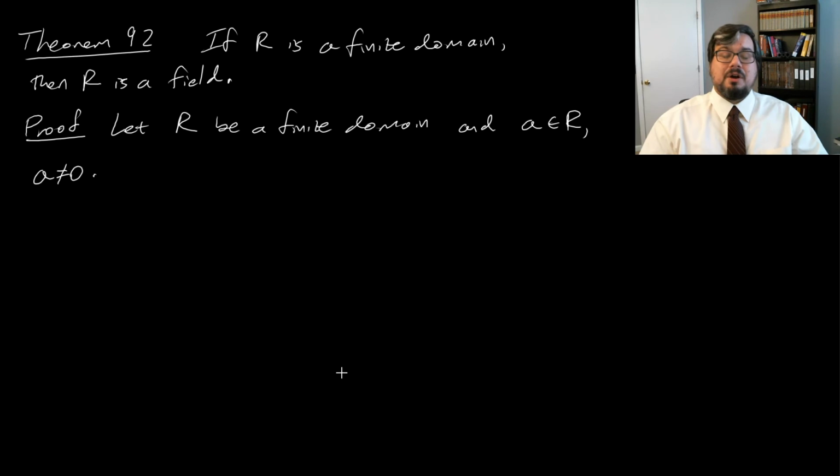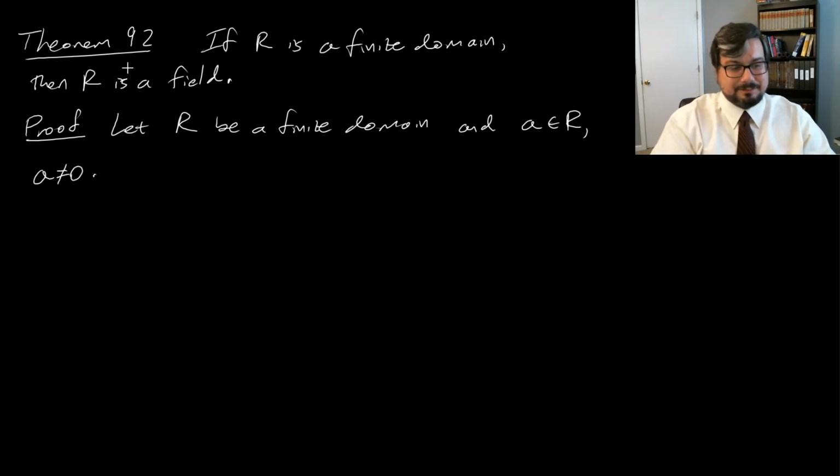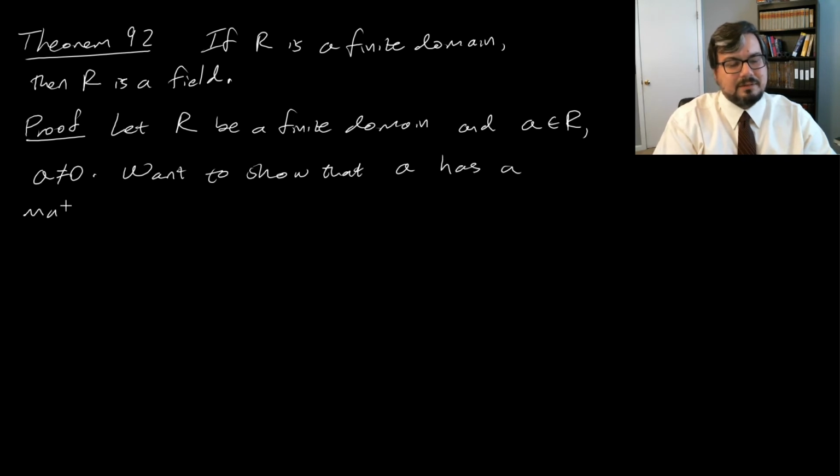Well, we already know that R is a commutative ring with identity because we know R is a domain. That's part of what we've assumed. So what we really need to show is that A has a multiplicative inverse.